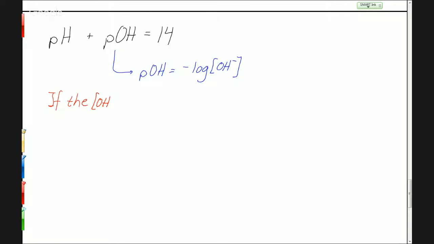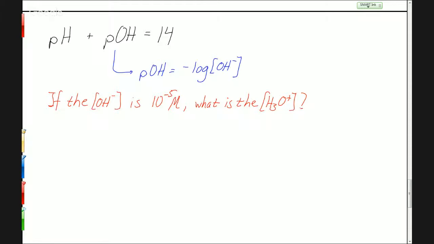If the hydroxide ion concentration is 10 to the minus 5th molar, what is the hydronium ion concentration? We can answer this based on that equation above. We can solve for the pOH, and then find the hydronium ion concentration.